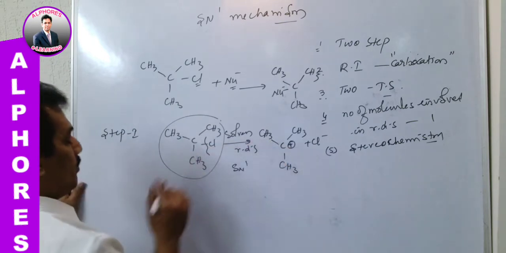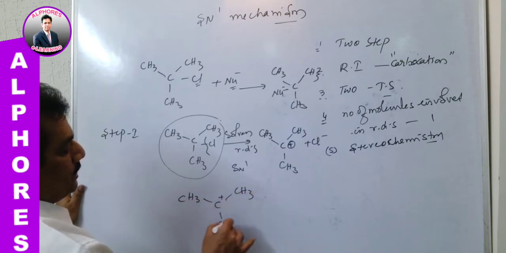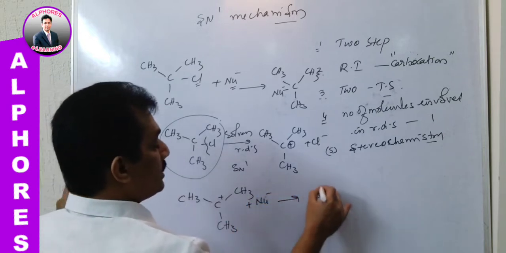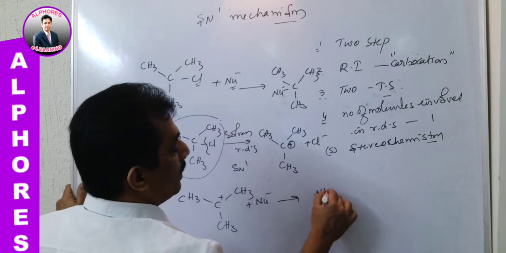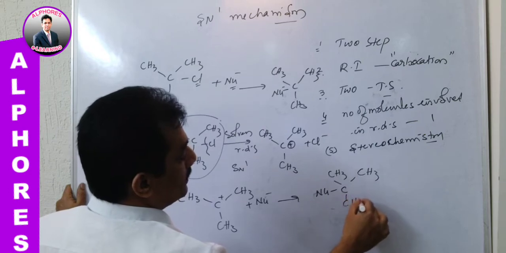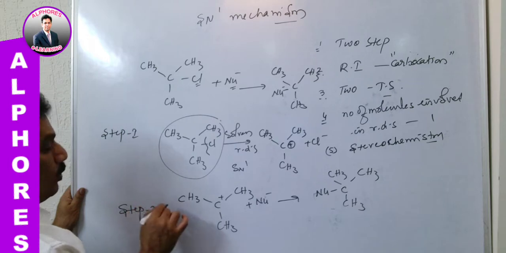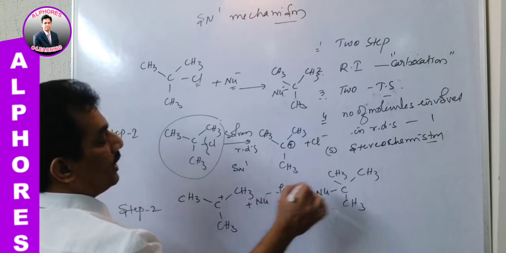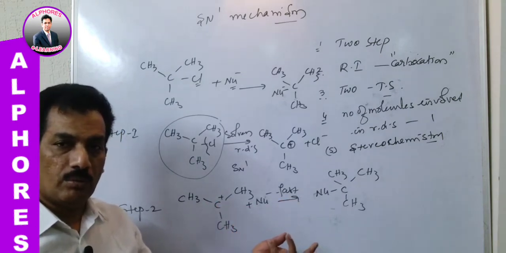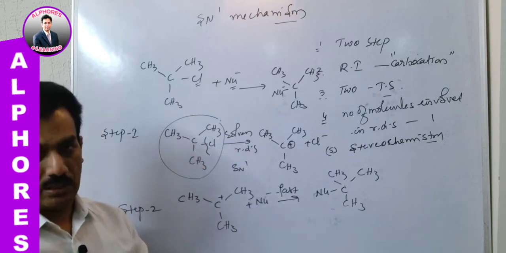Now this carbocation, CH3C plus CH3, is attacked by the nucleophile, thereby giving the nucleophile-attached tertiary butyl product like this. This is step 2, but it is a fast step, so it is not the rate determining step. Even though two molecules are involved here, it is not rate determining. That's why, depending on the rate determining step, it is a unimolecular mechanism.